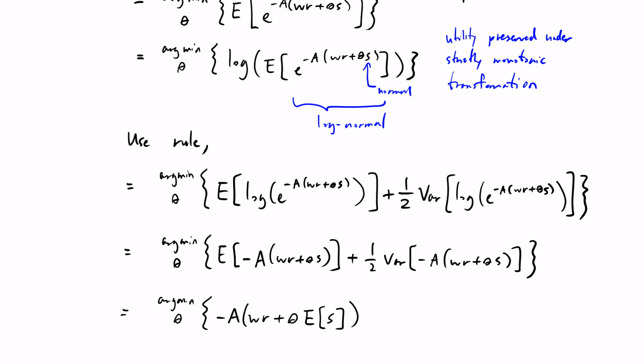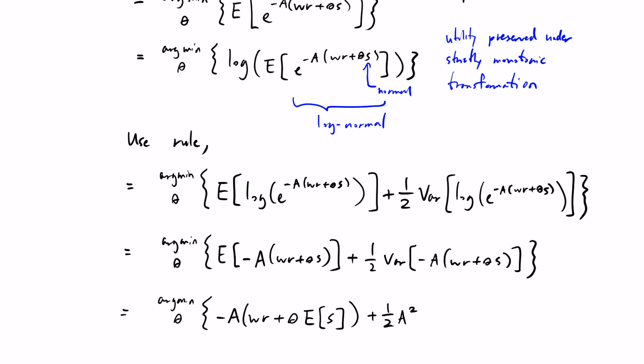remember that when you pull constant terms out of a variance, you have to square the term. So you have plus, you pull out the A, that becomes A squared. WR doesn't matter. When you add a constant term inside a variance, it goes away, so you can ignore the WR.